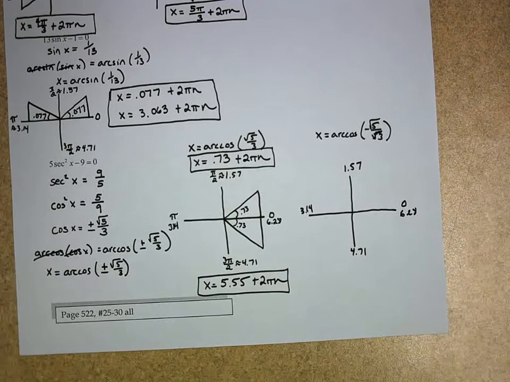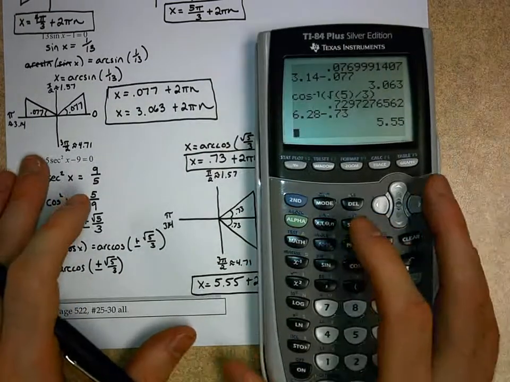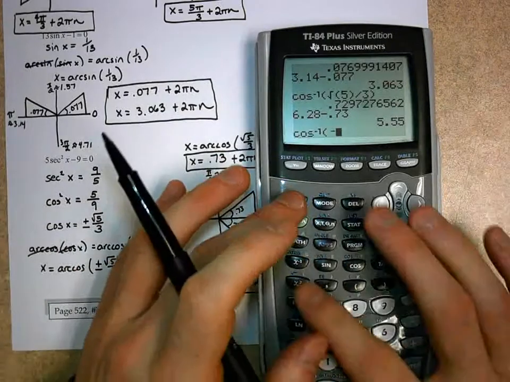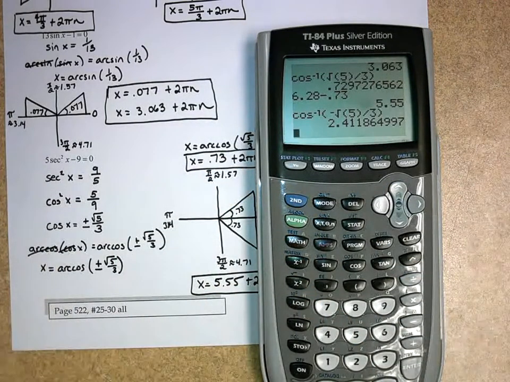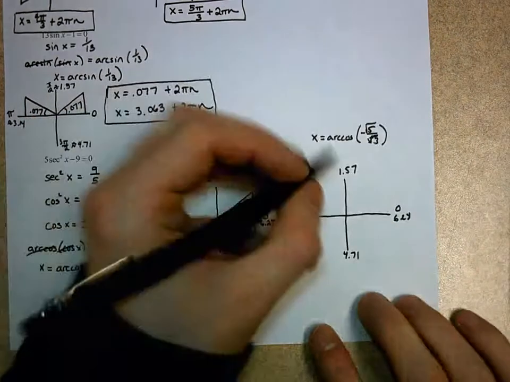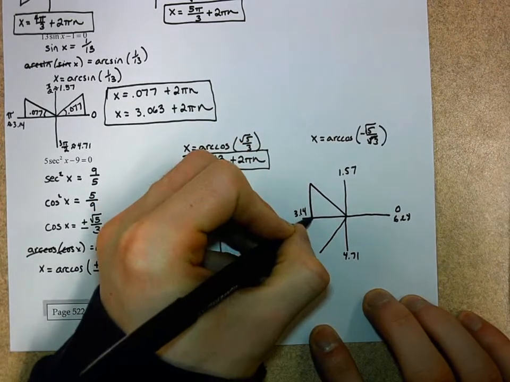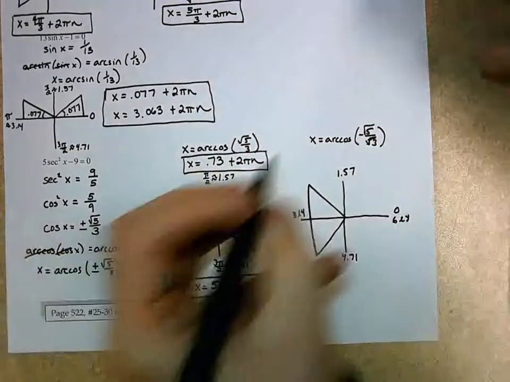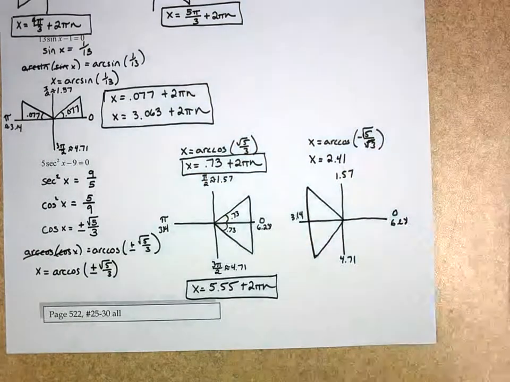My second problem right there is the arc cosine of negative square root of 5 over 3. So we'll do negative square root of 5 divided by 3. And I see 2.41. I know our cosine is going to be negative in the second and the third quadrant. So my first answer here is going to be 2.41.